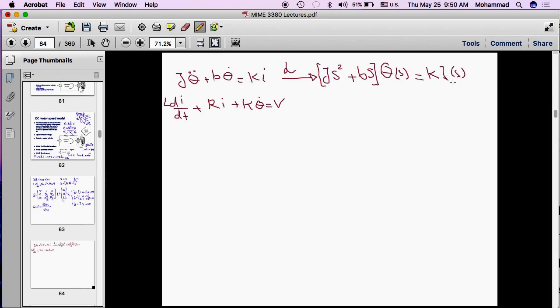There is no differentiation involved on the other side. So that's the first differential equation. The second one, the same way, you have Ls plus R, multiplied by I of s, plus Ks theta of s, is equal to V of s.